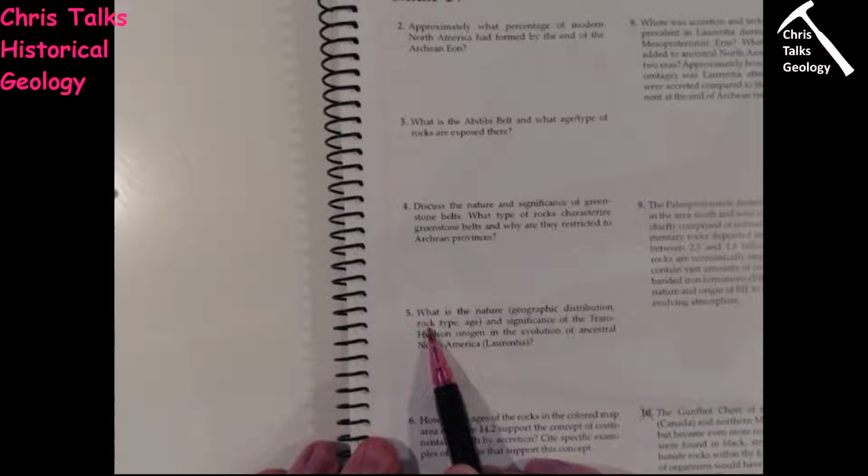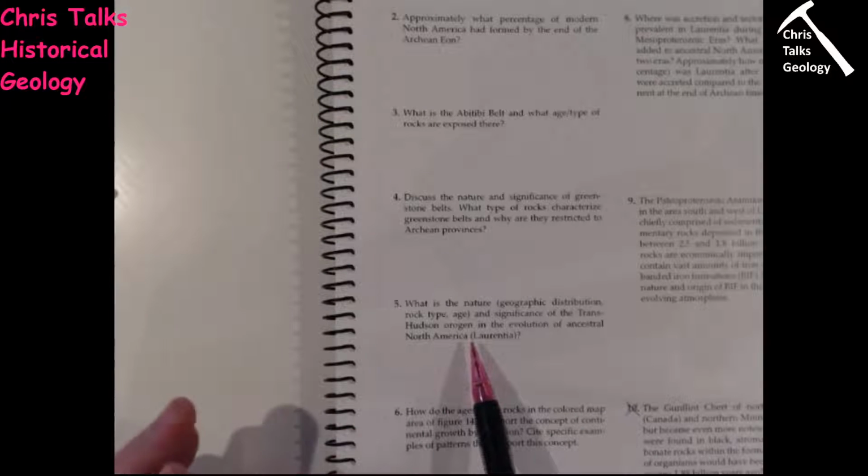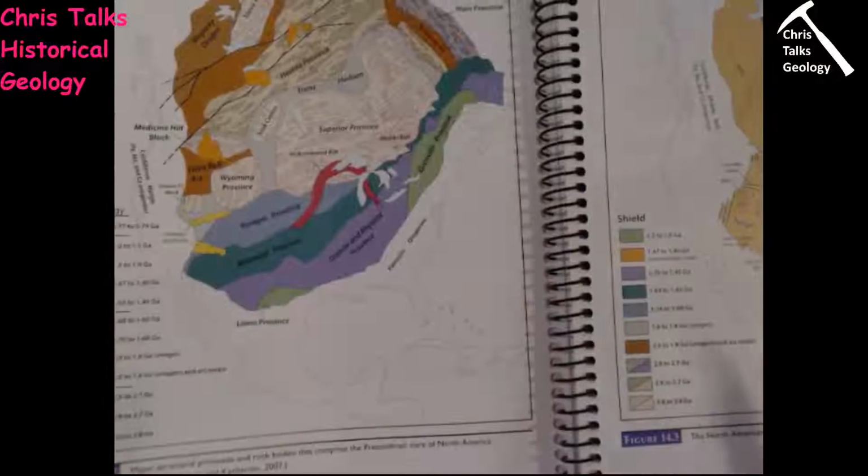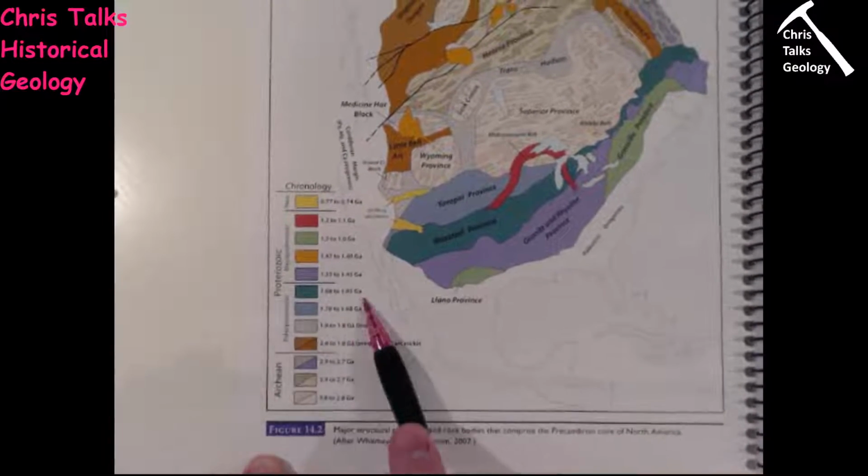In this case, you're going to have to go online, but also, once you know what the trans-Hudson orogeny is, and I mentioned it to you a little bit earlier in this video, you can guess relatively easily what the rock types in that area will probably be. The age, well, that one's really easy. Look at the key.